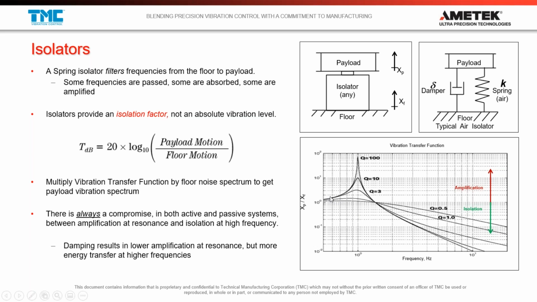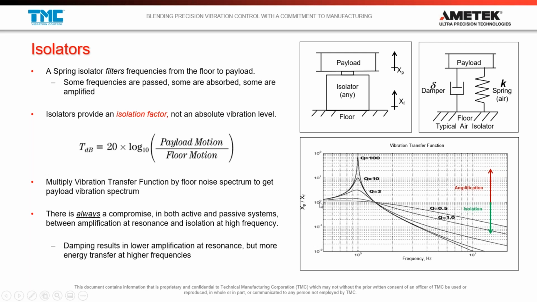Then the resonant frequency of that isolator is going to peak. In this particular example, it's peaking at roughly 1 hertz. So you're going to see amplification of any floor noise at that low frequency, which can become a bigger problem for any work you're trying to do. And then you're going to see a very fast roll off in a low frequency isolator, where you have isolation at higher and higher frequencies.